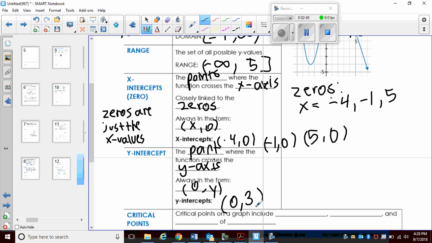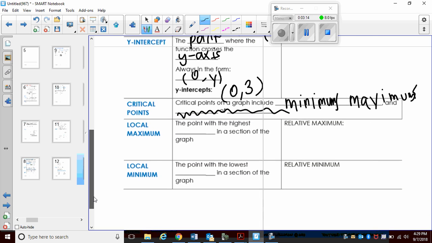Now, critical points on a graph include minimums and maximums. And not necessarily a critical point, so we won't touch that yet. So just squiggle through that little line, those blanks there.